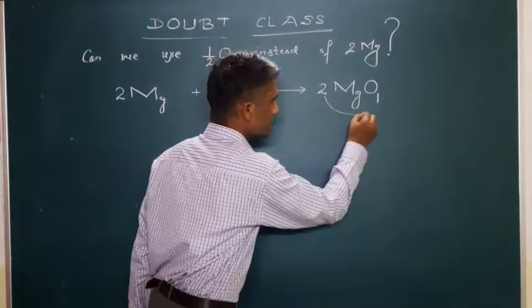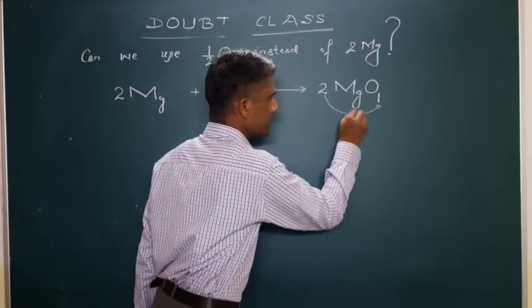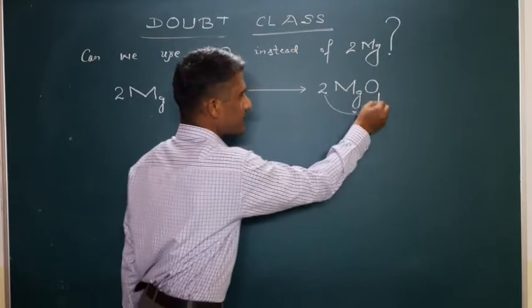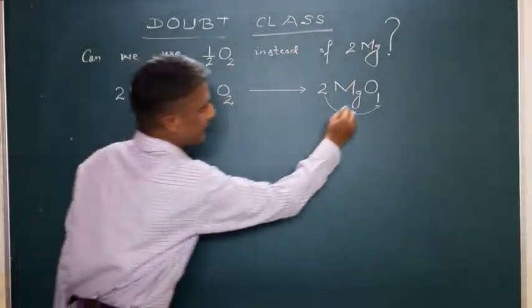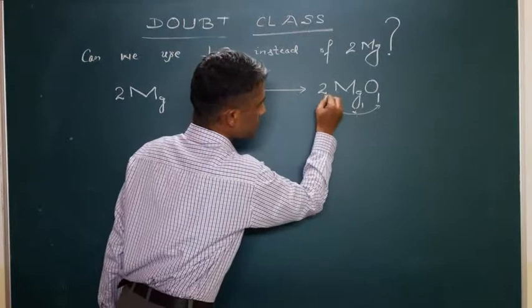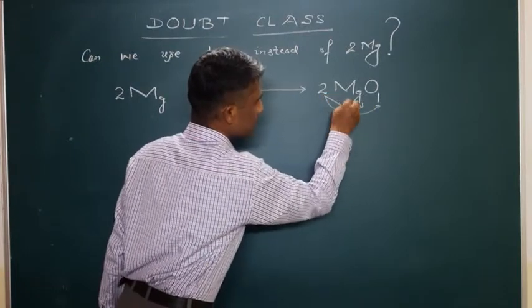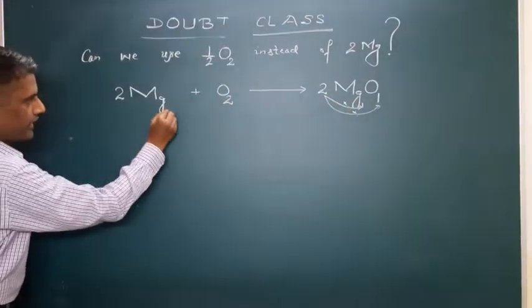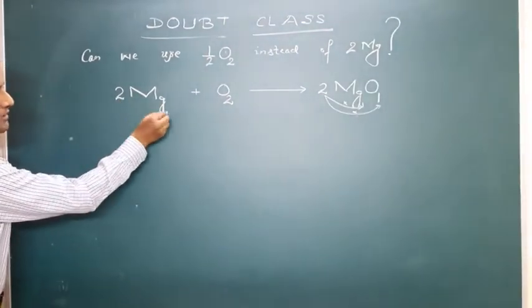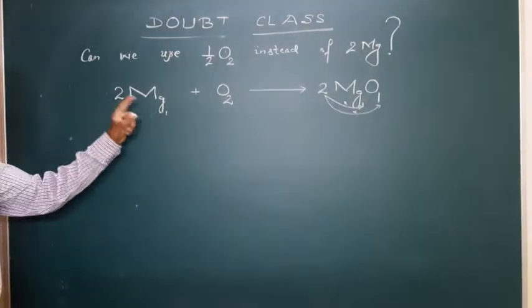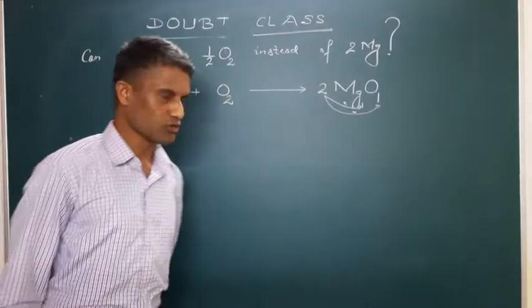So here 2 is a multiplier, oxygen atoms have become 2, and Mg was 1, so it is also multiplied by 2. So 2Mg plus O2 gives 2MgO.